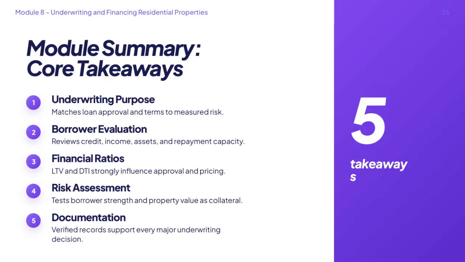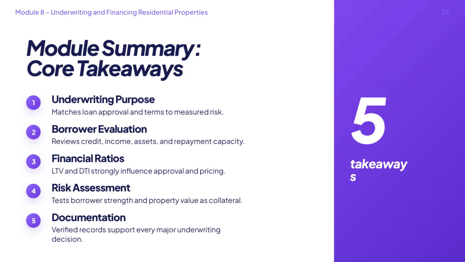Let's review the core takeaways from this module on underwriting and financing residential properties. First, underwriting's main purpose is to match the loan approval and terms to the measured risk, ensuring that the lender is protected. To do this, we conduct a thorough borrower evaluation that reviews credit history, income, assets, and repayment capacity. Financial ratios, especially loan-to-value, LTV, and debt-to-income, DTI, play a critical role in influencing both loan approval and pricing.